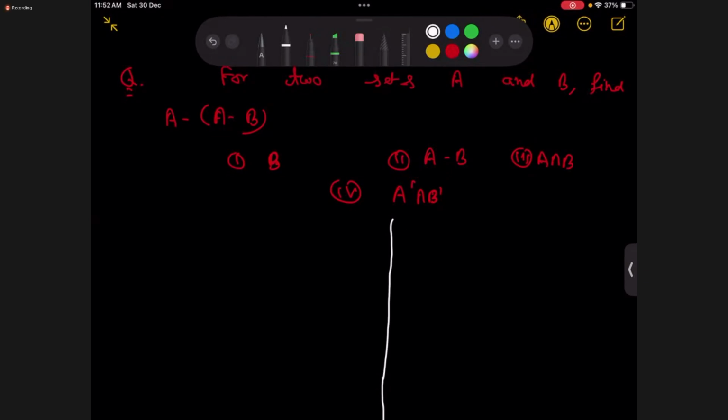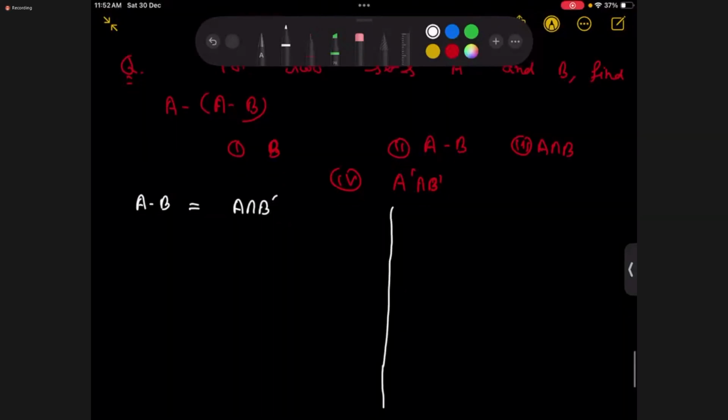So what about this set A minus B? We know the fact that A minus B equals A intersection B complement. We did this in the last class. So we will use that fact.